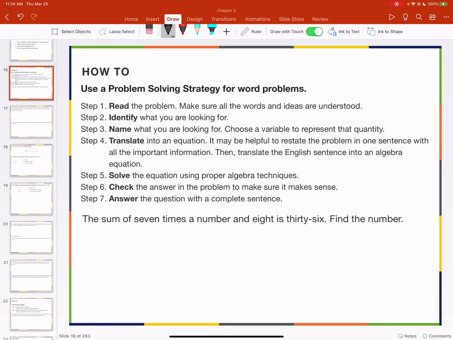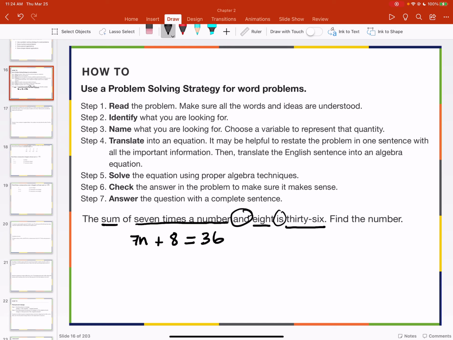So let's get started. Here we have the sum of, so something's being added, the sum of 7 times a number. So what expression represents 7 times a number? That's 7n. And 8, so okay, the word "is" directly translates to an equality, 36.